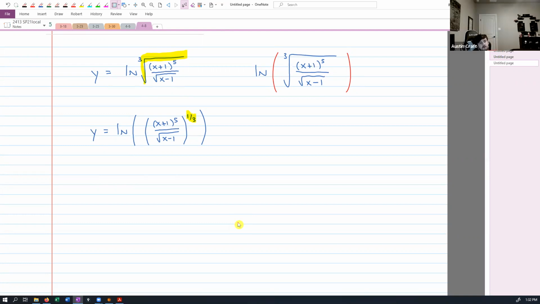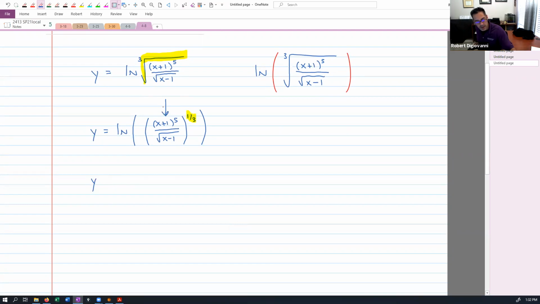Can't you move the 1/3 out front? I can move the 1/3 out front because everything in here is being raised to the 1/3. Now I still have all this inside.